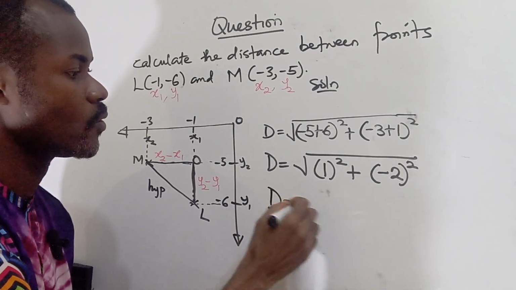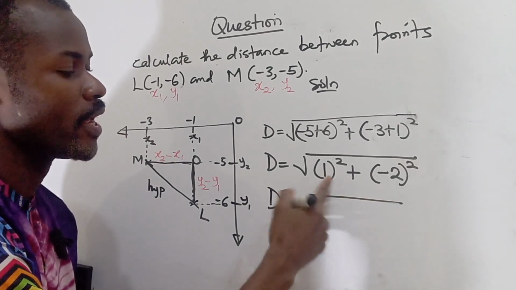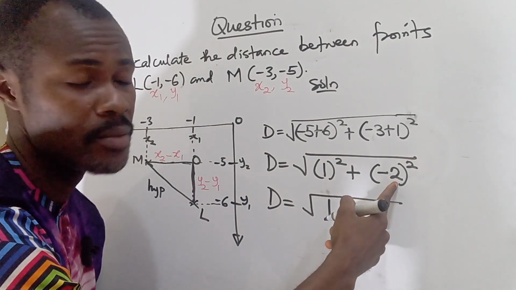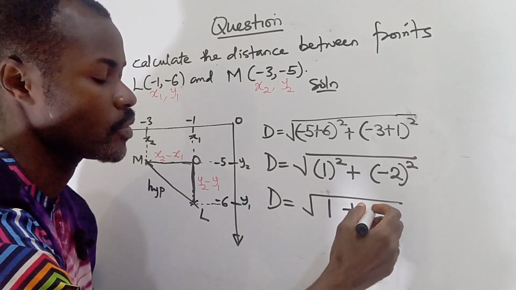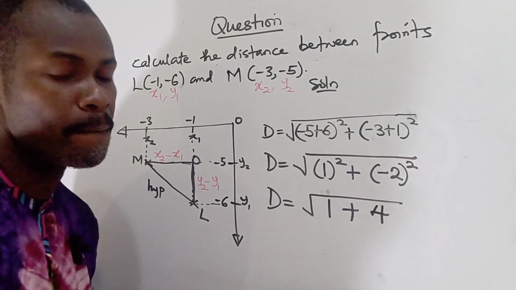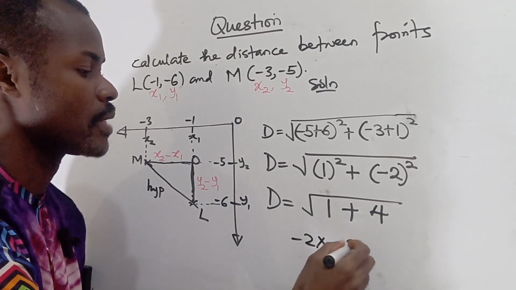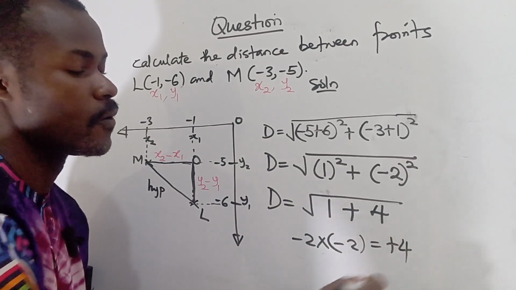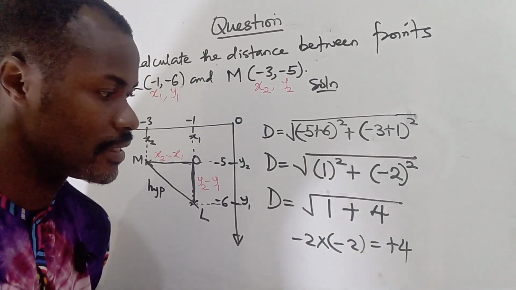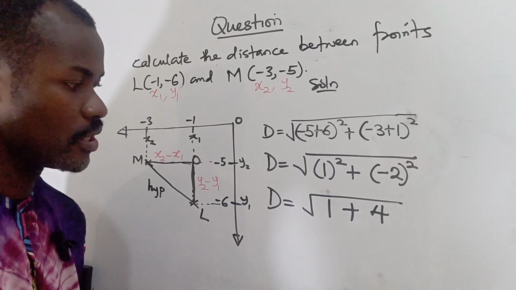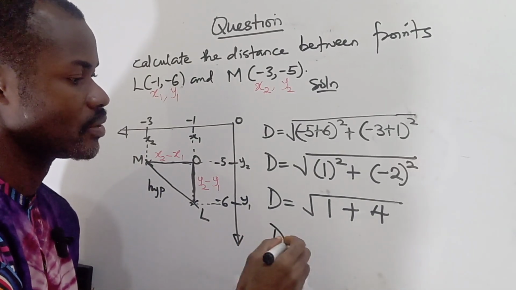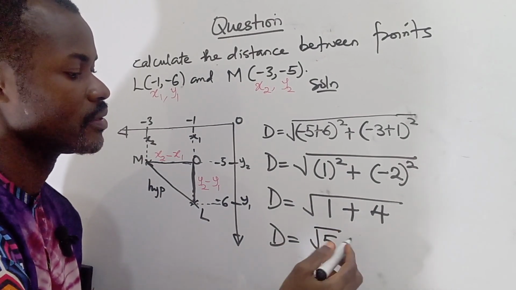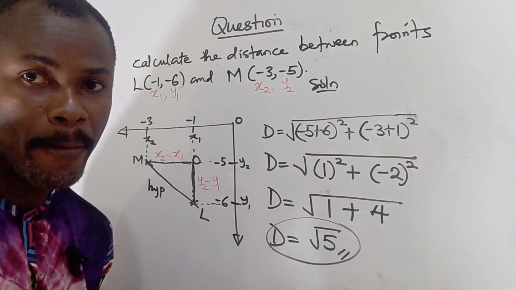So the distance is equal to 1 squared, which means 1, because 1 times 1 is 1, plus minus 2 squared, which means minus 2 times minus 2. Minus times minus is plus, 2 times 2 is 4. So our distance is going to be 1 plus 4 is 5. So the square root of 5 gives us our solution to this problem.